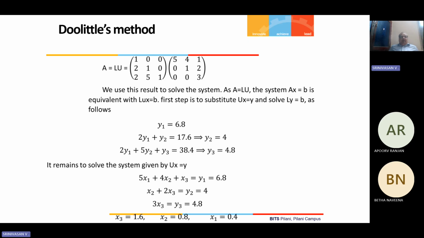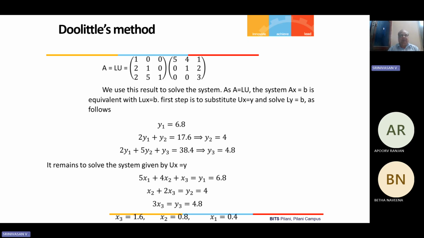Now you are able to get the unknowns that you have introduced, Y1, Y2, Y3. You go back to the first one now. Now you take Ux equal to Y. So what is Ux equal to Y?